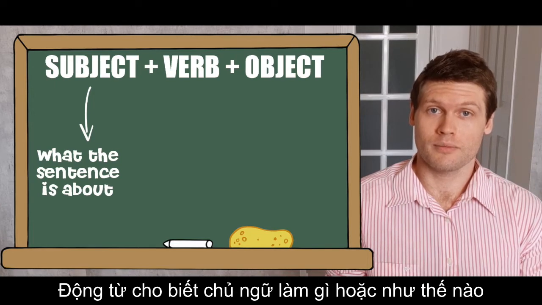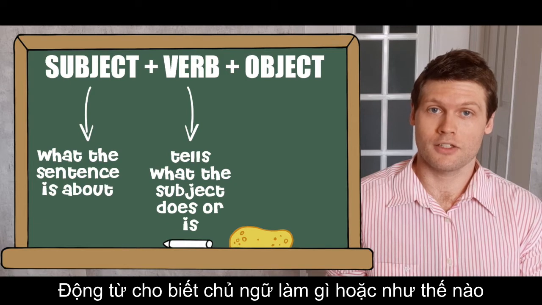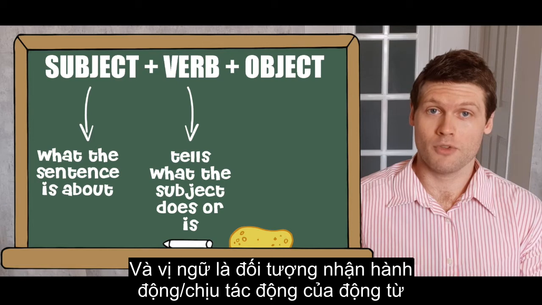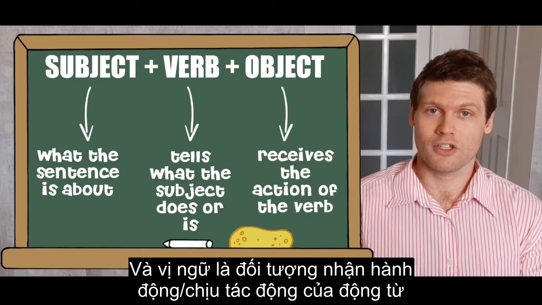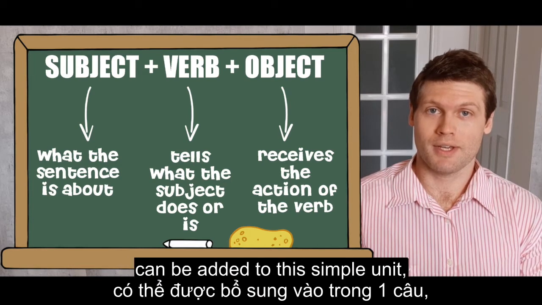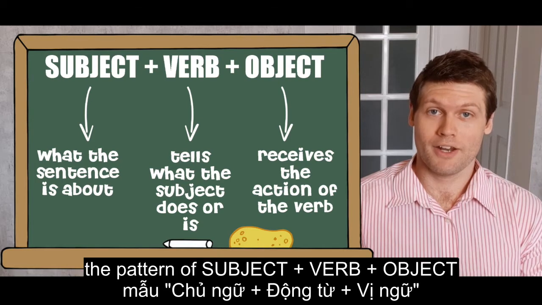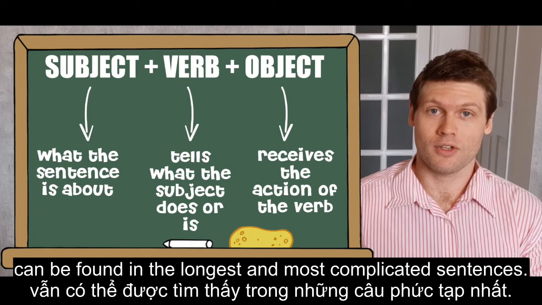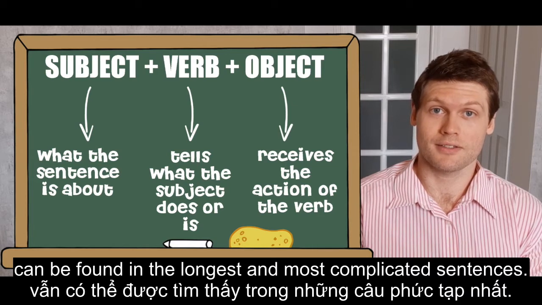The verb tells what the subject does or is, and the object receives the action of the verb. Although many other structures can be added to this simple unit, the pattern of subject plus verb plus object can be found in the longest and most complicated of sentences.